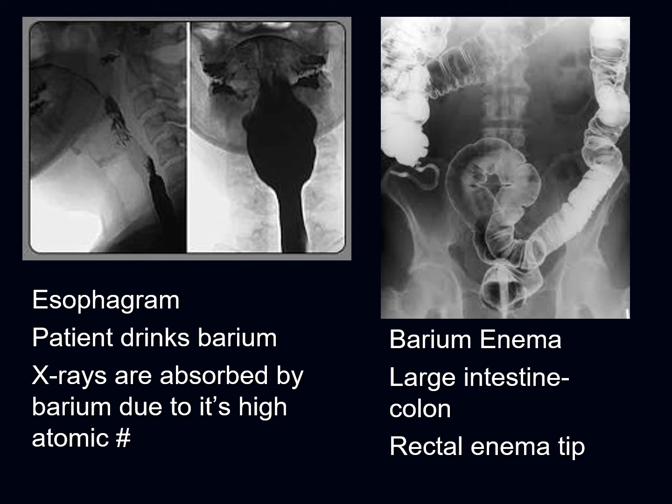X-rays are absorbed by the barium due to its high atomic number, so it can easily be seen on the image as it outlines the esophagus. The barium enema procedure also uses barium, but the barium is inserted into the large intestine through a rectal enema tip. Similar to the esophagram, the barium can easily be seen as it outlines the colon.